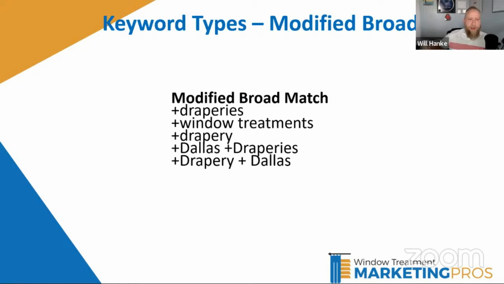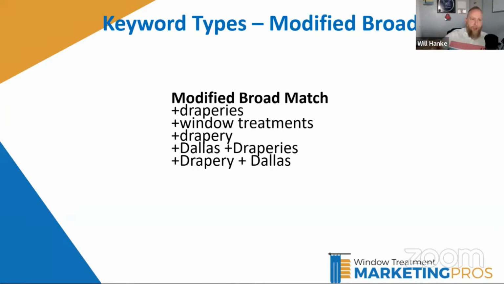With modified broad match, basically you say, I only want my ad to show up if one of these words is in there. So if they use the word draperies, no matter what the phrase is, that word has to be in there.